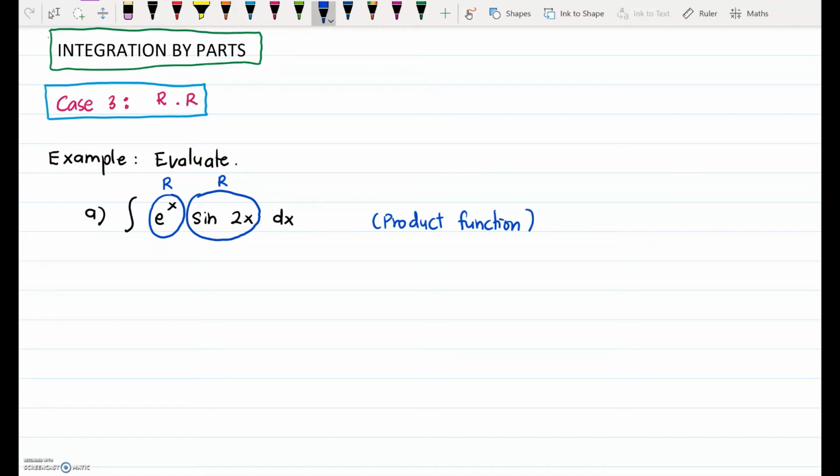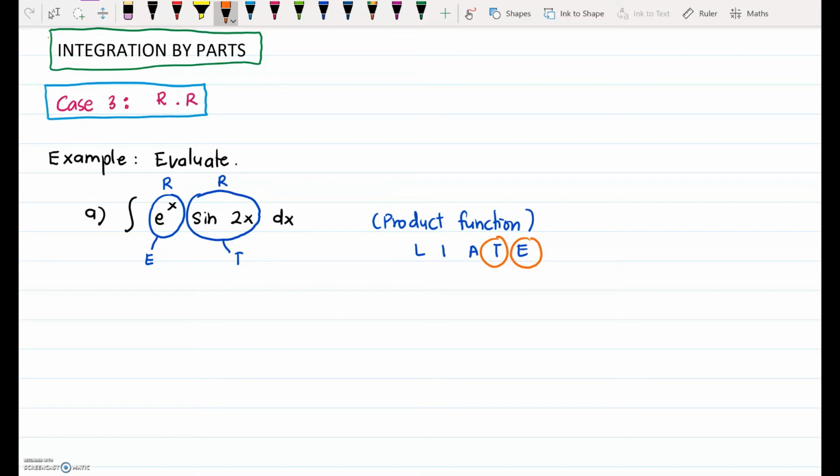Next, we identify the type of each function. We have e, exponential, and we have trigonometric function. Based on LIATE, we have two functions here, exponent and trigonometry.